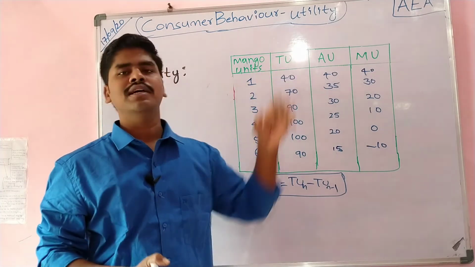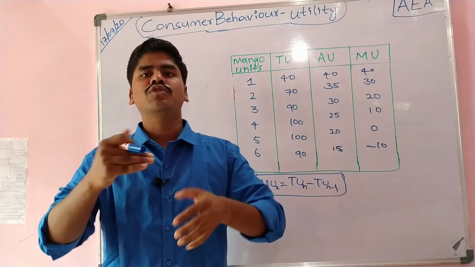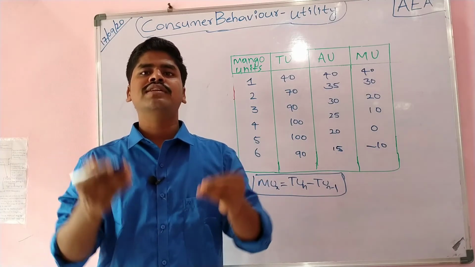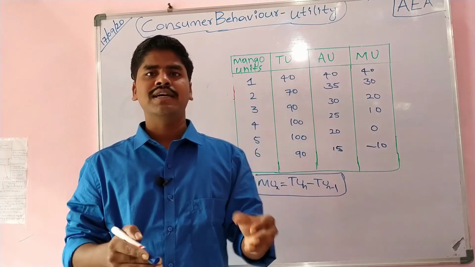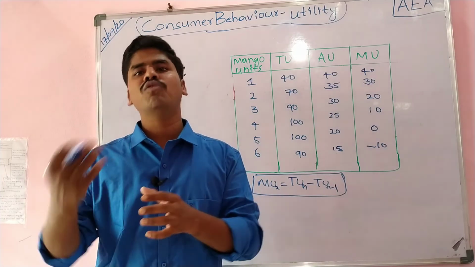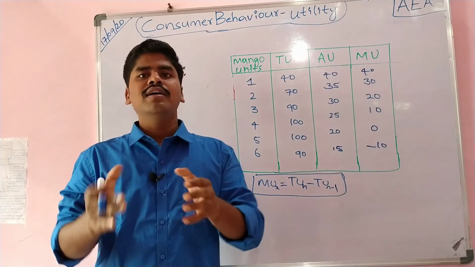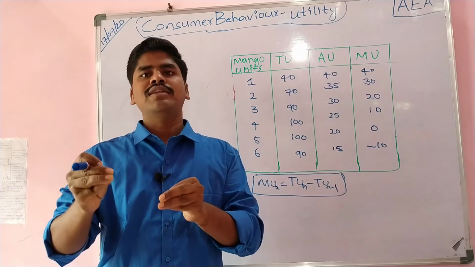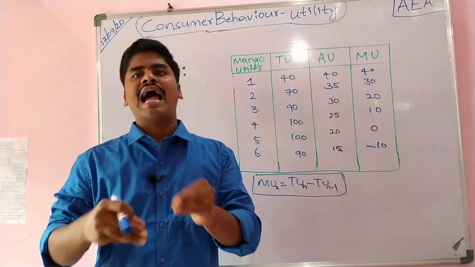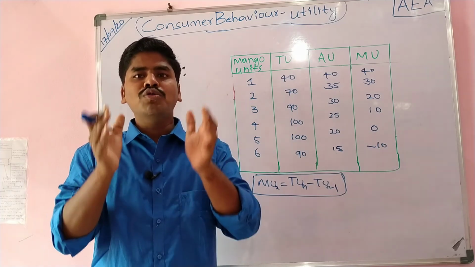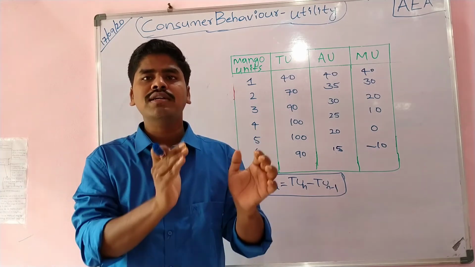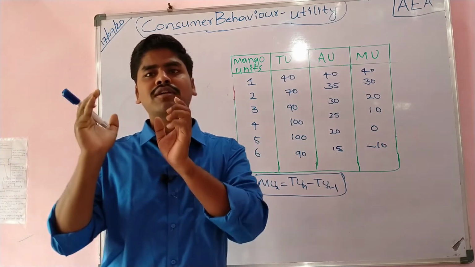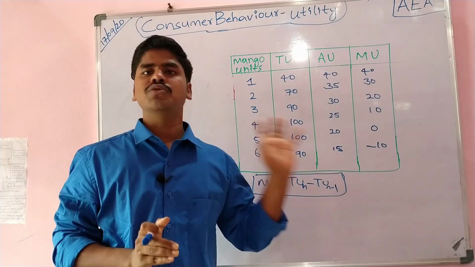And coming to utility, human wants are unlimited, but to satisfy the unlimited wants we have limited resources, and with those limited resources we have multiple choices. So any particular good or service will have some utility. Utility means the want-satisfying power of a particular commodity or service.